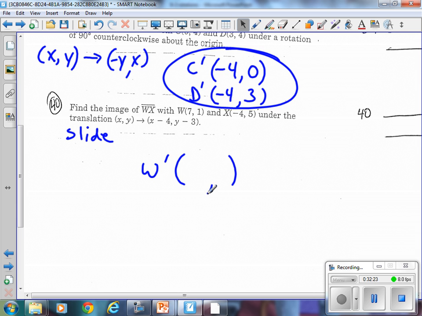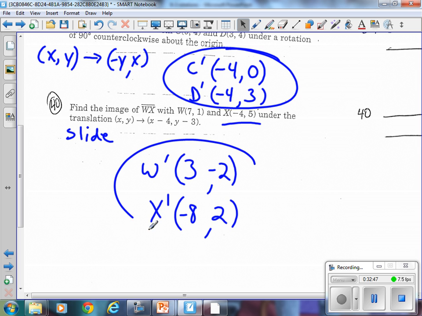So W prime is going to be 7 -4, which is 3, and then 1 -3, which is -2. And x prime, take the x coordinate, which is -4, and you subtract 4, so you get -8. Take the y coordinate and you subtract 3, so 5 -3 is 2. Those are our two answers.